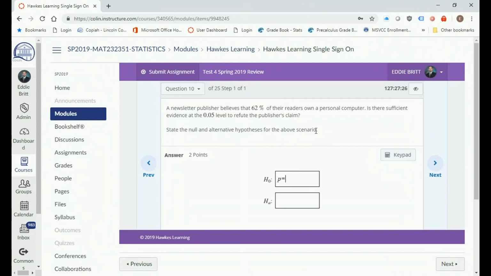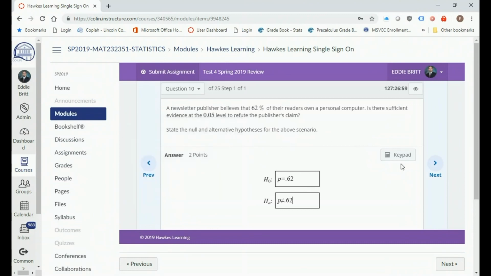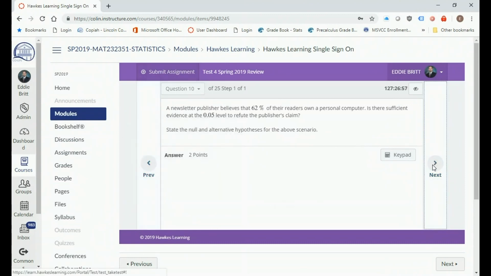So P equals 0.62. That's the null hypothesis. The opposite of that is going to be P, and then you will have to use the keypad for this, the not equal to symbol, unless you know some other shortcut. And then that's 0.62. So remember, when you have not equals, that means it is a two-tailed test. Of course, that doesn't make a difference on this problem, but it eventually will as we work through some of these.